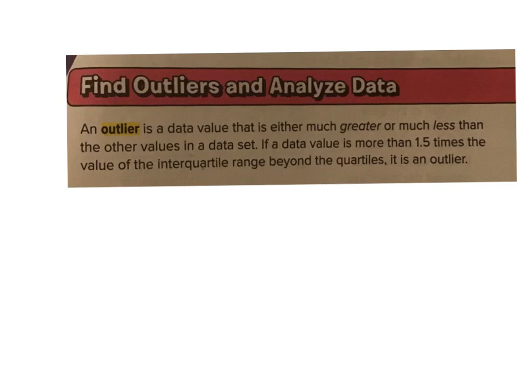Now, why would you want to find the interquartile range? The reason why you would is because sometimes with data, you might have data like 2, 3, 5, 6, 102.